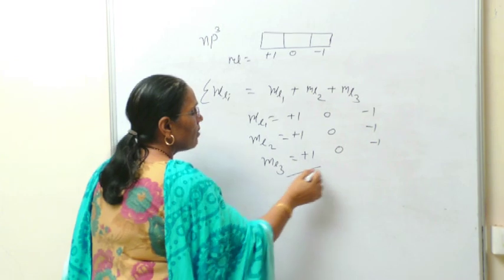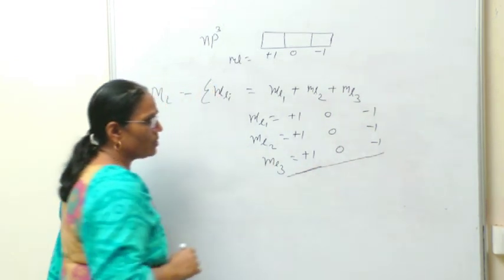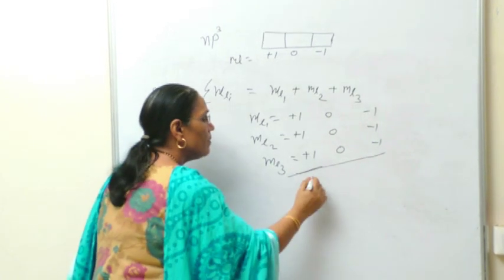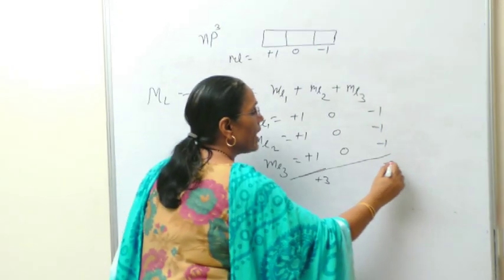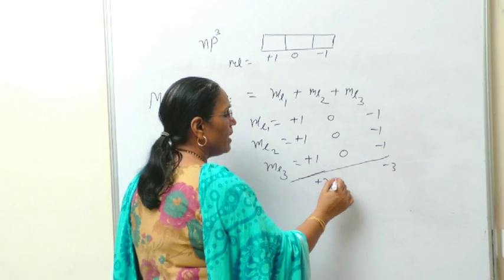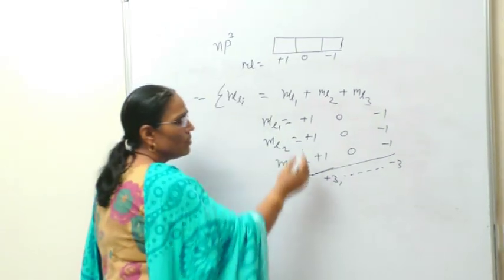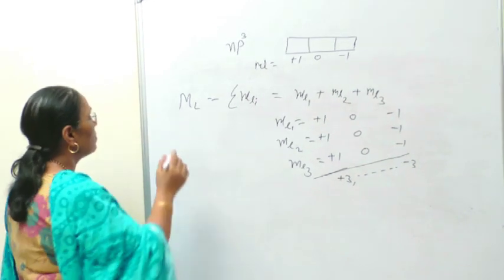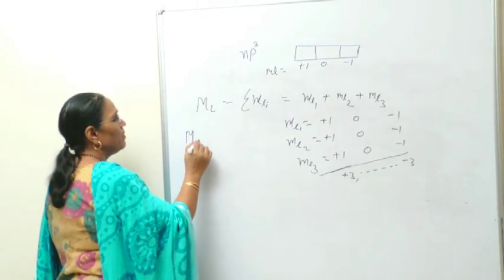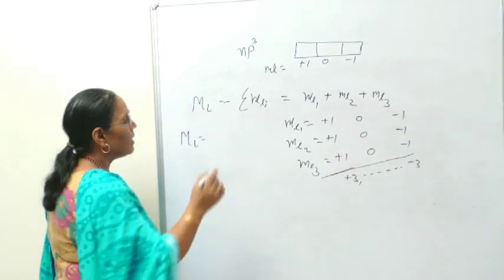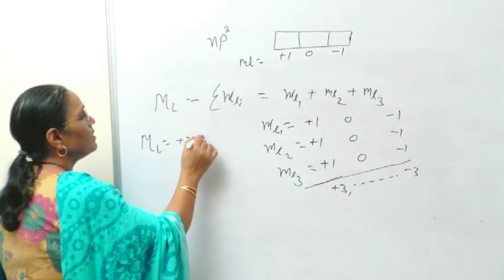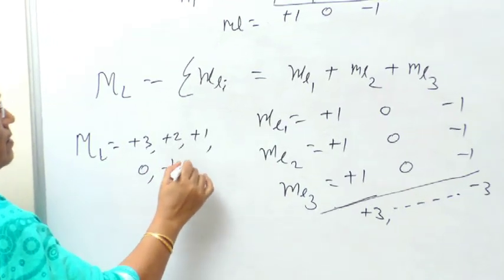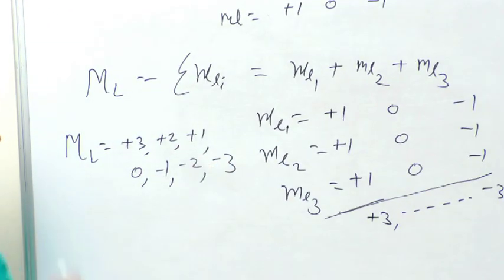So the theoretically highest possible value of ml will be +3 to -3, and all middle values are possible due to different combinations of ml values for 3 electrons. So the ml values for p3 configuration available are +3, +2, +1, 0, -1, -2 and -3.